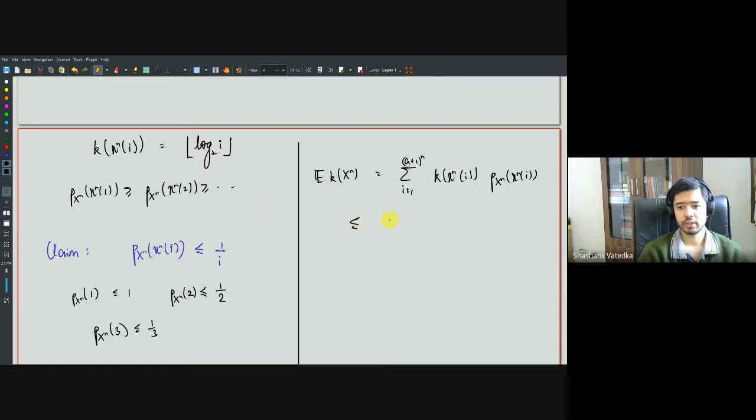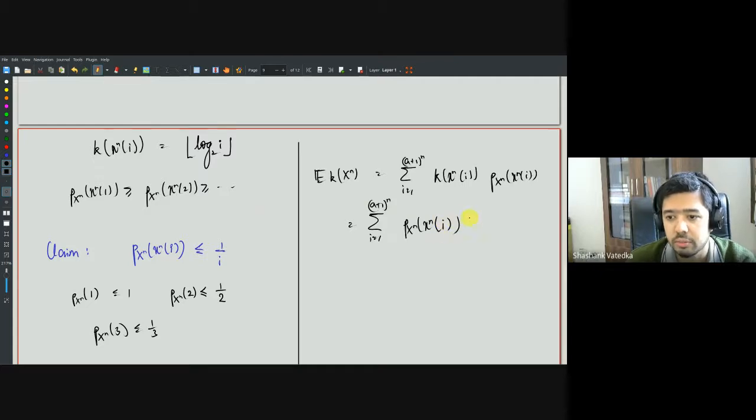So this is equal to the summation i equal to 1 to a plus 1 to the n of p_Xn of i times k_Xn of i, but we know that this is equal to the floor of log i to base 2. Okay, so this is an exact expression.